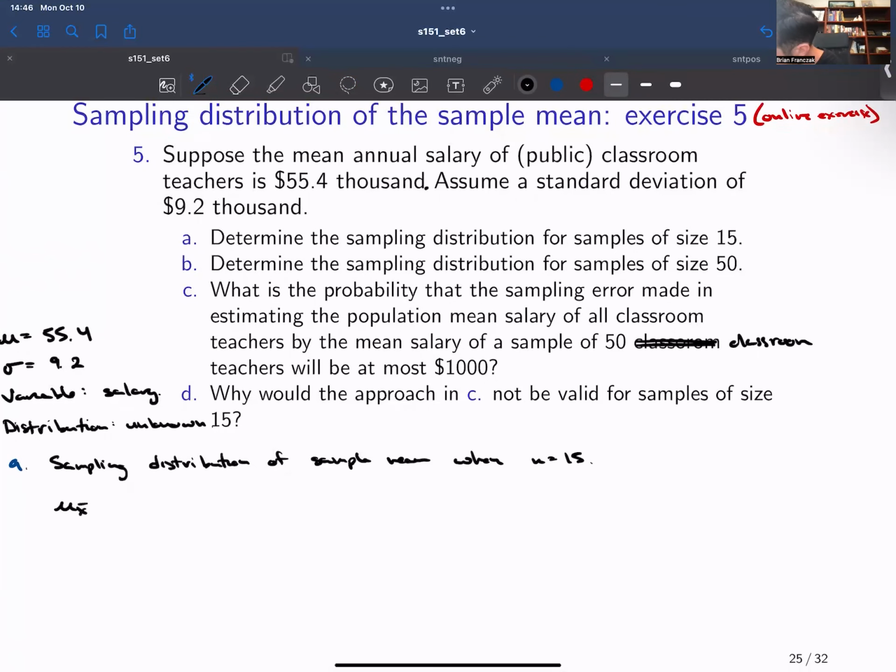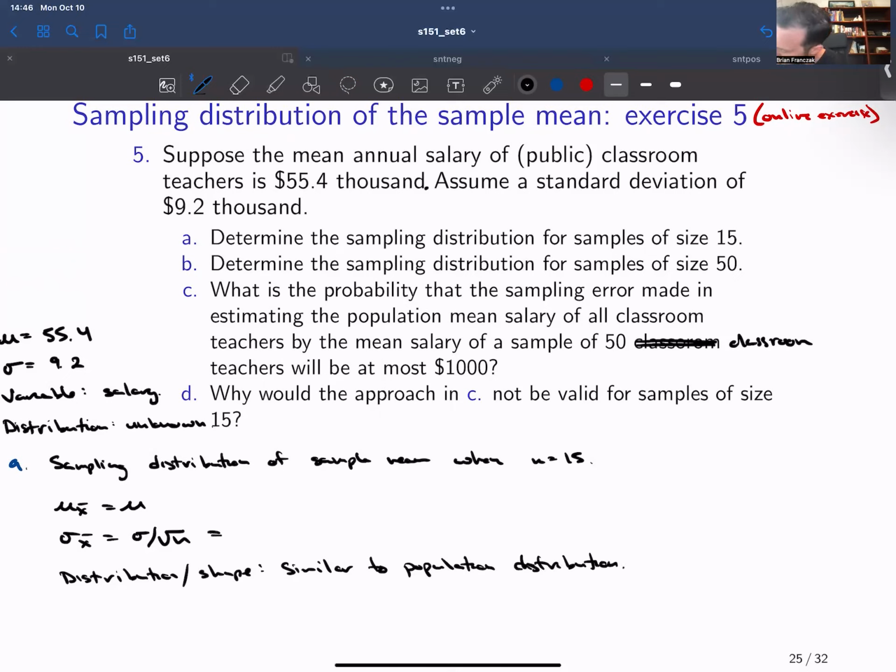First, we know mu x bar equals mu, sigma x bar equals sigma over the square root of n. And then we can say, for example, the distribution slash shape will be similar to the population distribution.